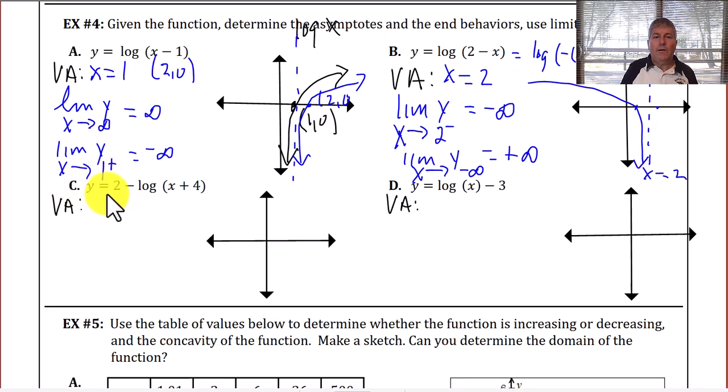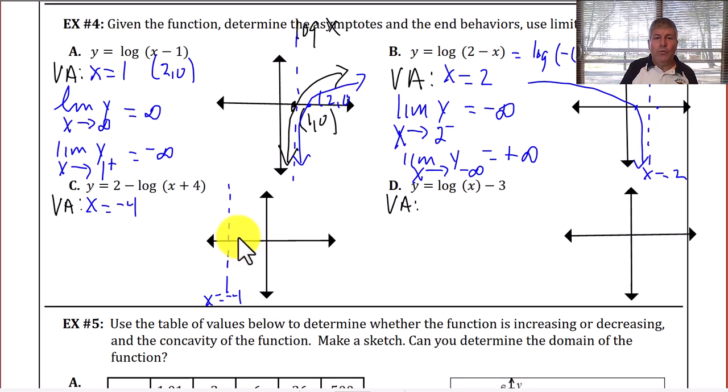In C, where we have y equals 2 minus log of x plus 4, now our vertical asymptote is going to be shifted 4 units to the left, so that's going to become x equals negative 4. And our point that was at (1, 0) is going to be shifted 4 units. It's going to go to negative 3.